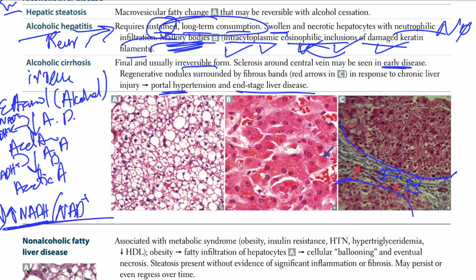Now, go back to your biochem: when you have way more NADH, it is going to go directly to beta oxidation and inhibit the whole process of free fatty acid beta oxidation.